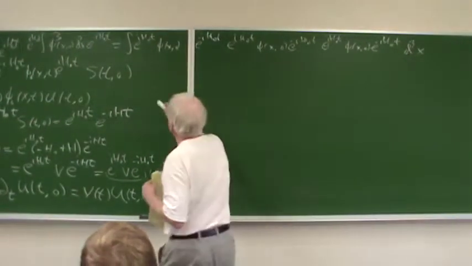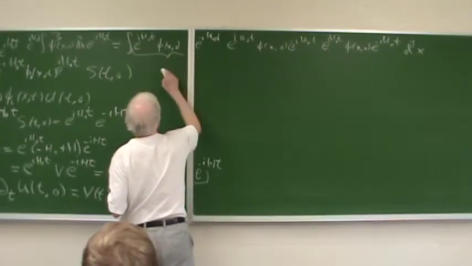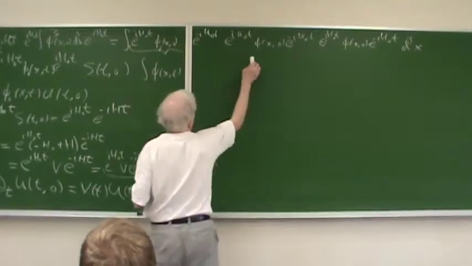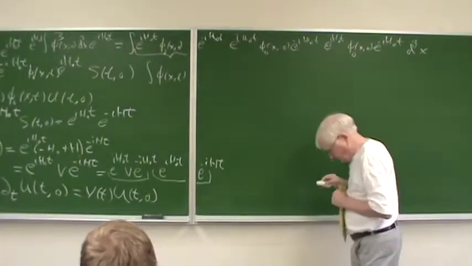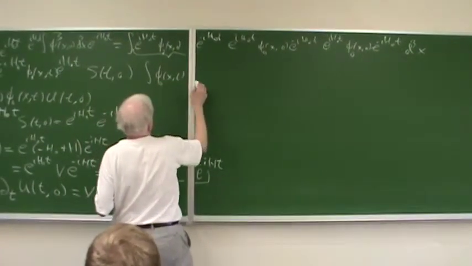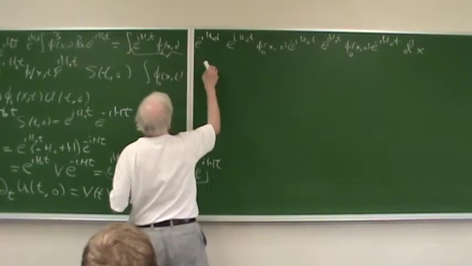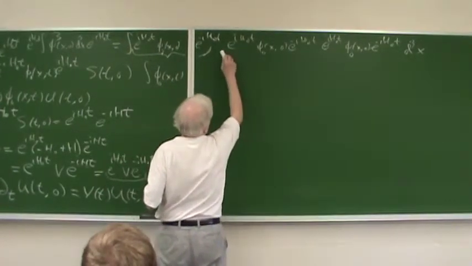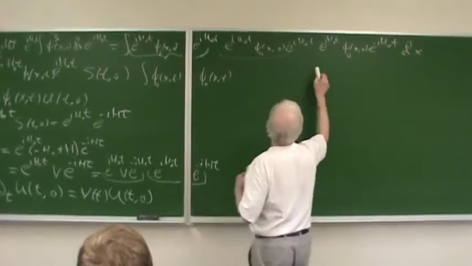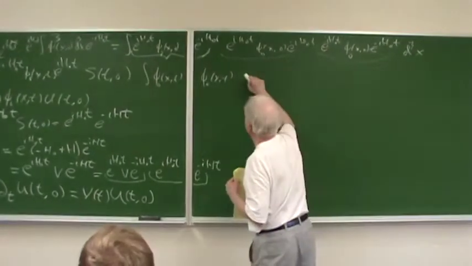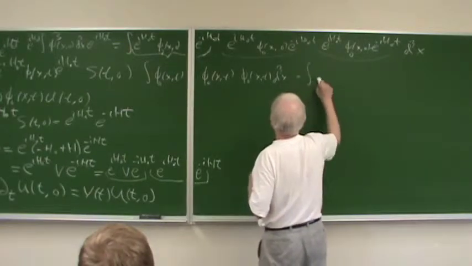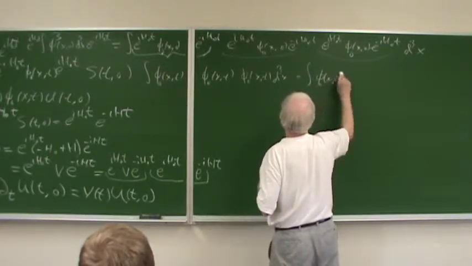And now you see that this is just phi 0 of x and t. This one gives us another phi 0 of x and t, and then this one gives us a third. So the whole thing is phi 0 of x and t cubed.